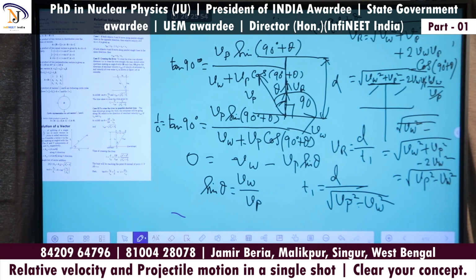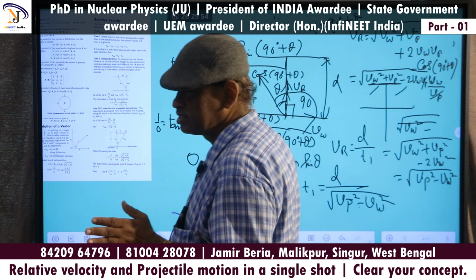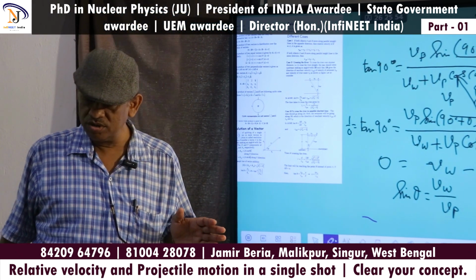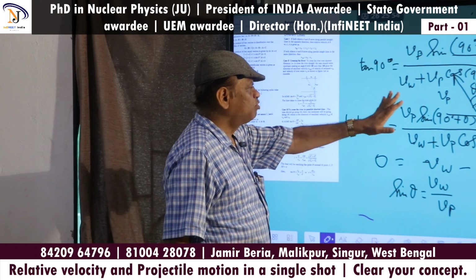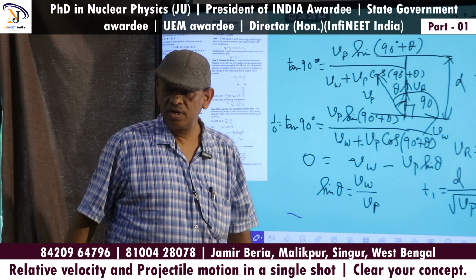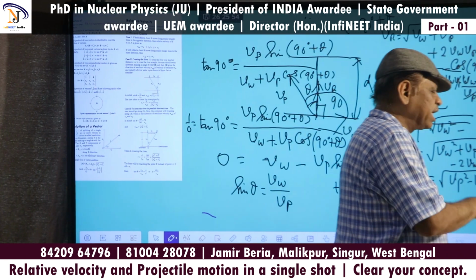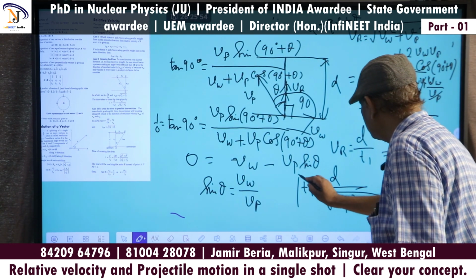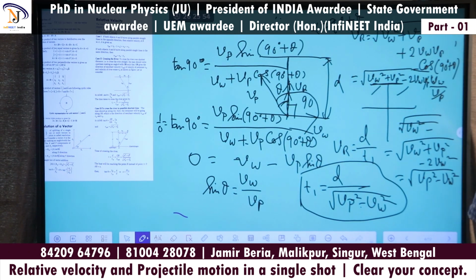Tell me, easy or tough? Always the resultant will be between two vectors. Am I clear or not? Okay, I suppose you have understood up to this portion. Now take a note; this is your answer, T1.